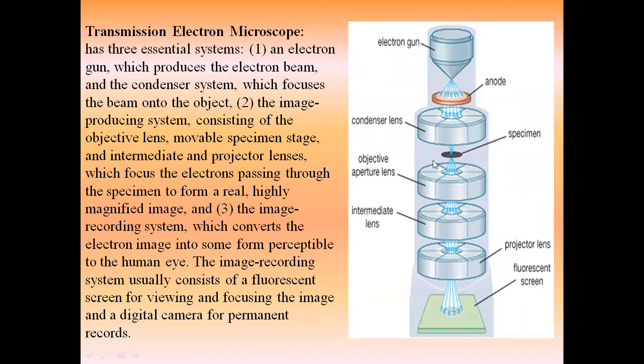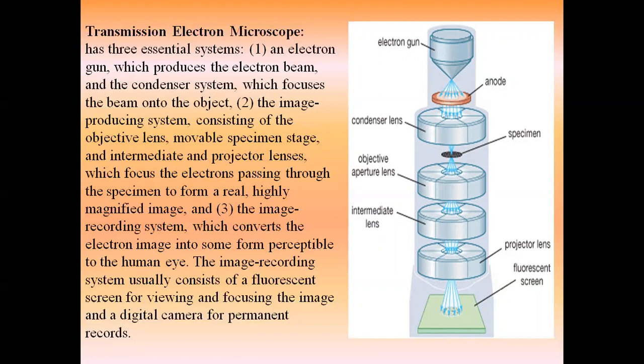Okay, so the specimen functions like this: it will have the ability to transmit some of the electrons. At places the electrons will be absorbed, or will not be able to pass, or at times the electrons will be passing throughout the specimen.